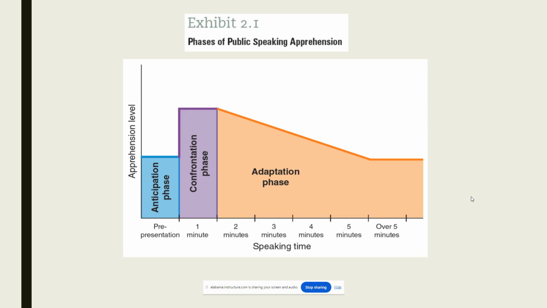Because after you get through that first minute, you're going to think, oh, wait a minute, what was I worried about? Your body can't stay in that zone of anticipating a threat for a long time. You think back to the hunters and gatherers. You hear the rustling in the woods, you take off running.